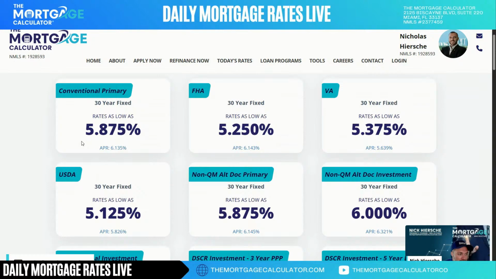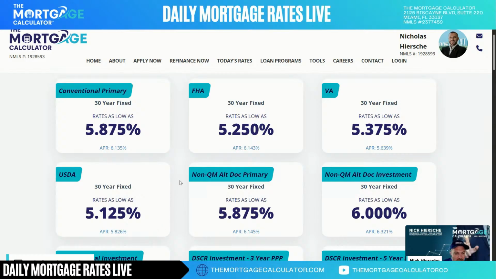And we have USDA options coming in today, 5.125 rate, final APR 5.826. Our customers that are looking in those USDA eligible areas, typically the rural areas of the country, and have income that qualifies, will typically be comparing to an FHA or a conventional option. And it looks like USDA is quite a bit cheaper today, which is a great option.